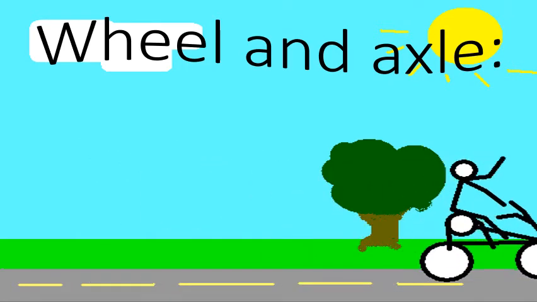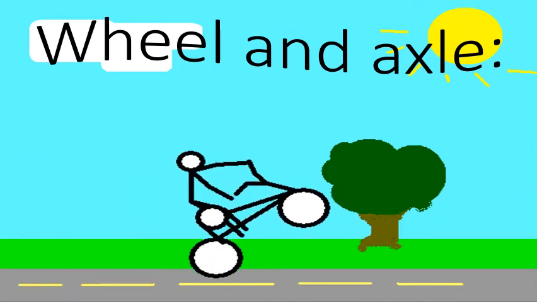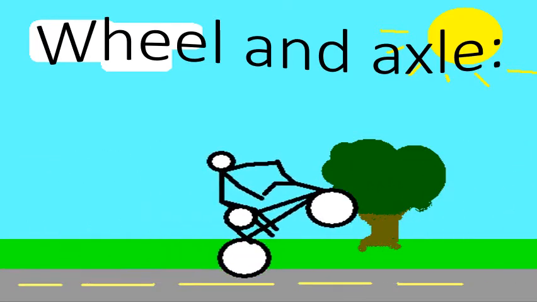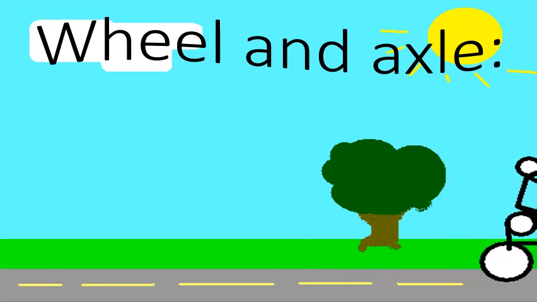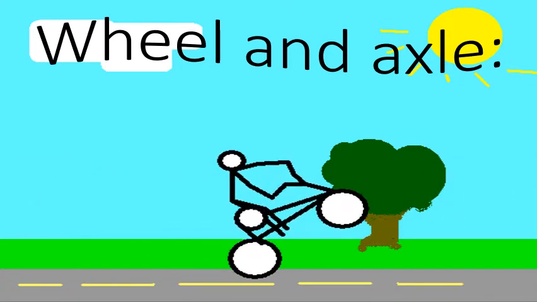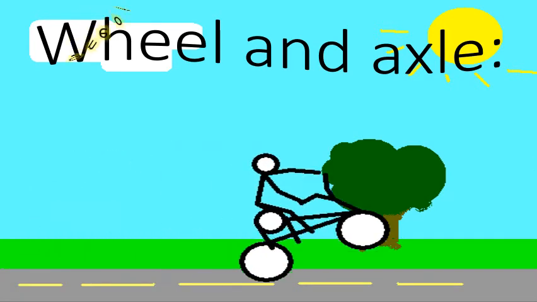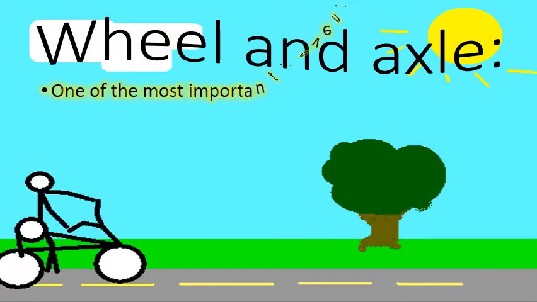Normally we know about the wheel, we do not consider the axle. Remember one thing, wheel alone is never a simple machine. It must be attached with a rod, so that is why it would be included as a simple machine.